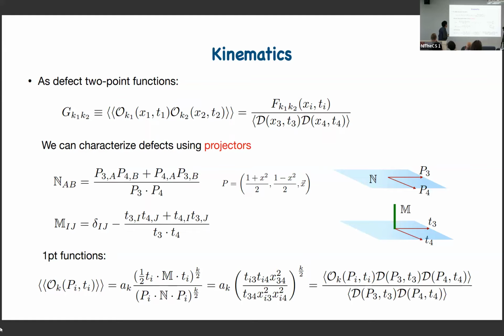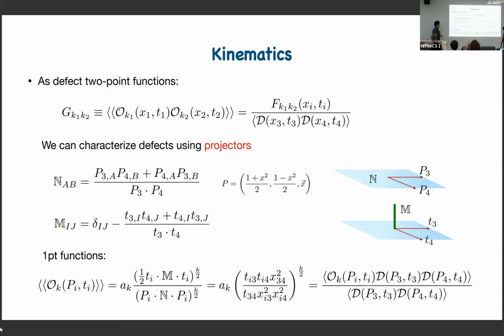Now we have the P's for 3 and 4, and out of them, we can construct such a thing, which I call N_AB. This rank 2 tensor, you can easily check, is a projector because n dot n will again give you n. And the geometric meaning of this n is to project in embedding space to the plane spanned by P3 and P4.